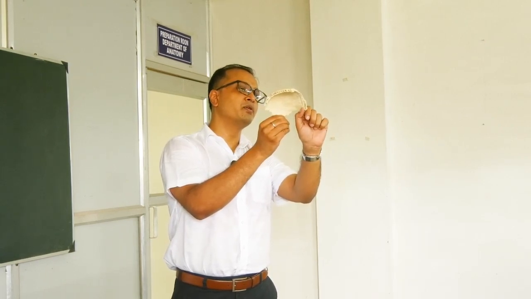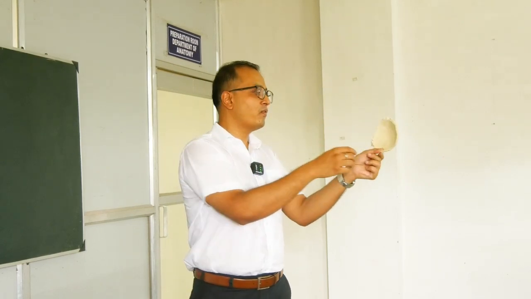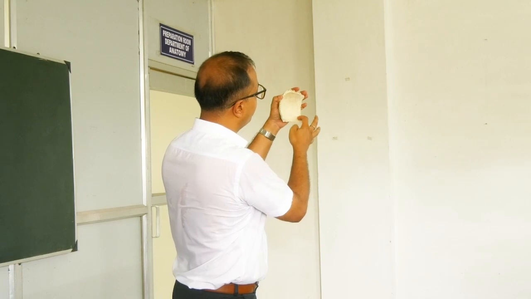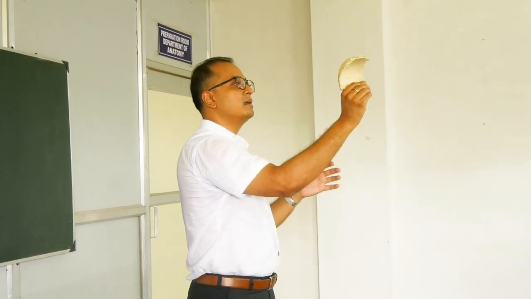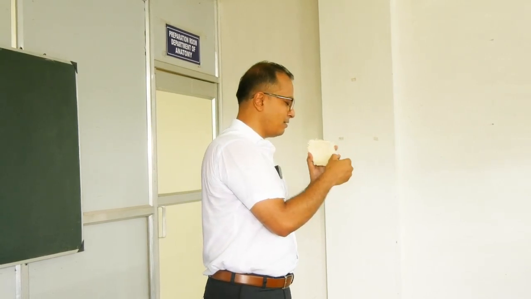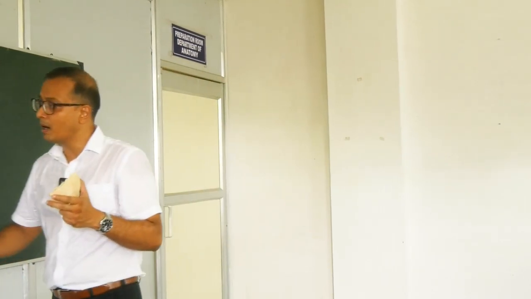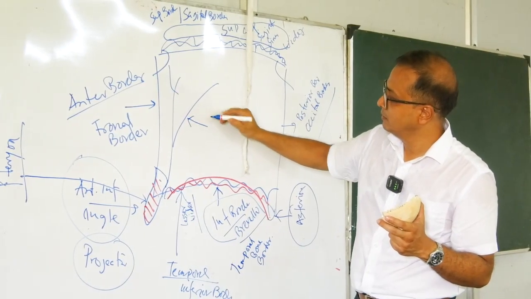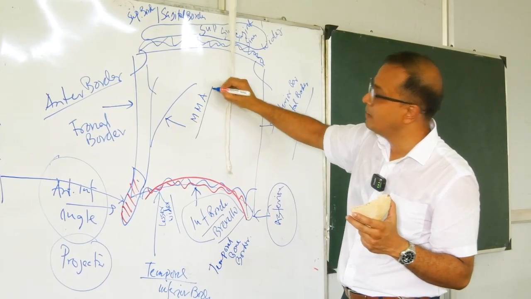Now if we go deep to this particular pterion, on the inner side, we find a prominent mark over here, which is made by the blood vessels present over here. So deep to this pterion on the inner side, we find this bony blood vessel prominence or blood vessel mark, which is made by an artery, we call them as middle meningeal artery.